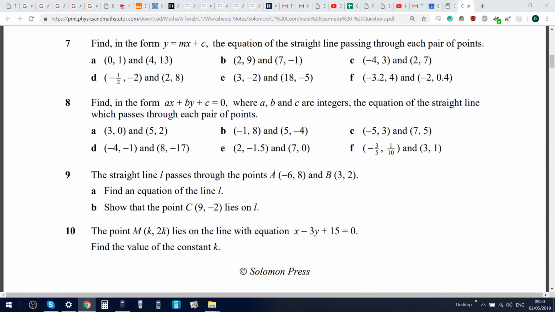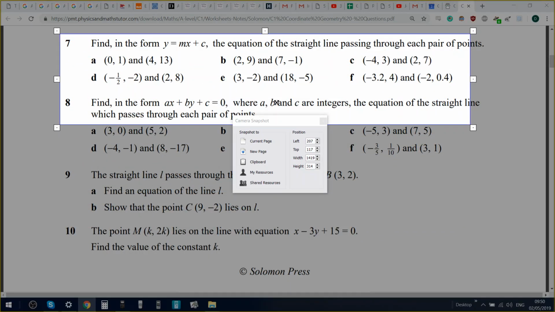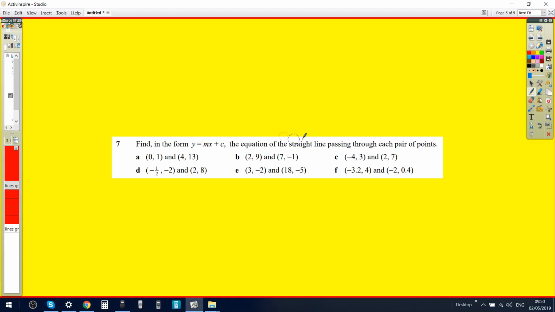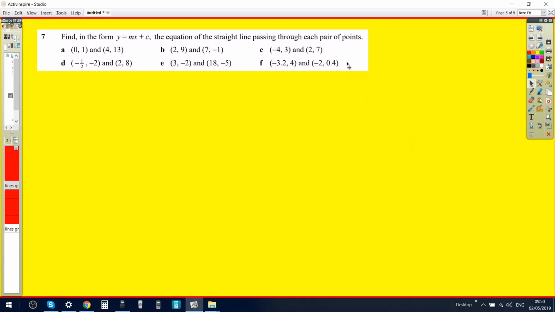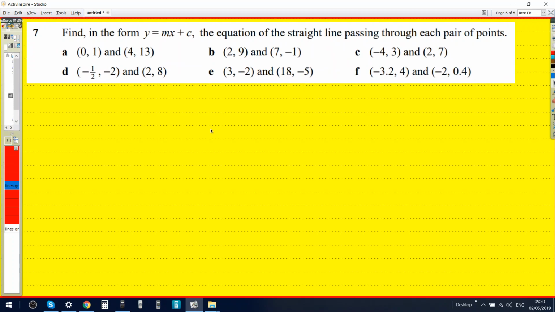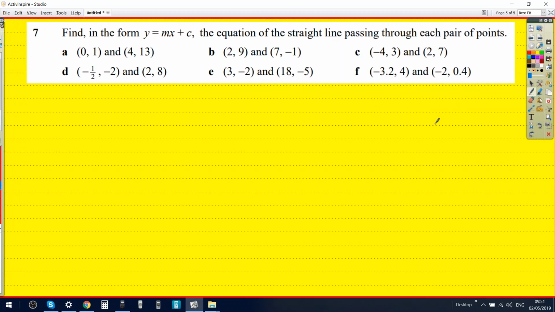Okay, question 7. They want the equation of the line for 2 points. How would you do that? Can we find the gradient just how we have been?